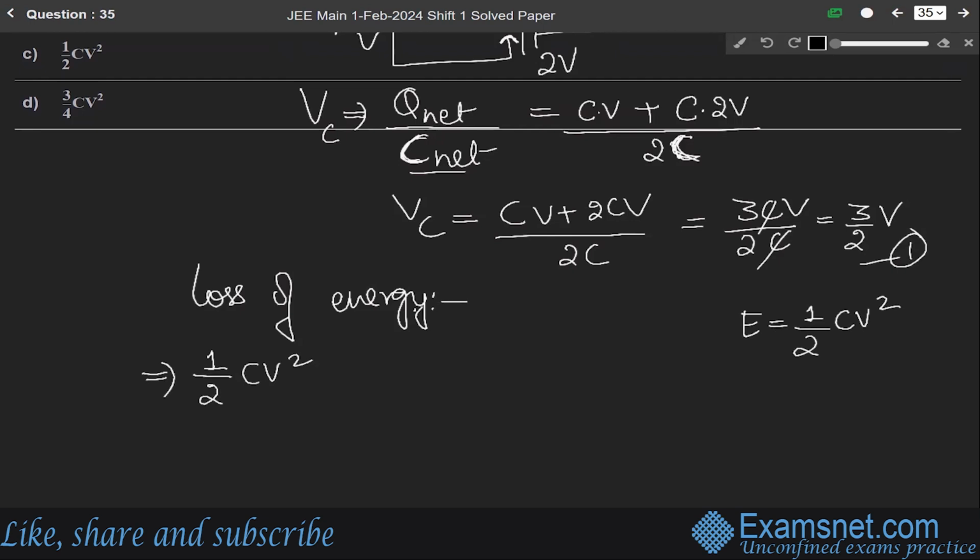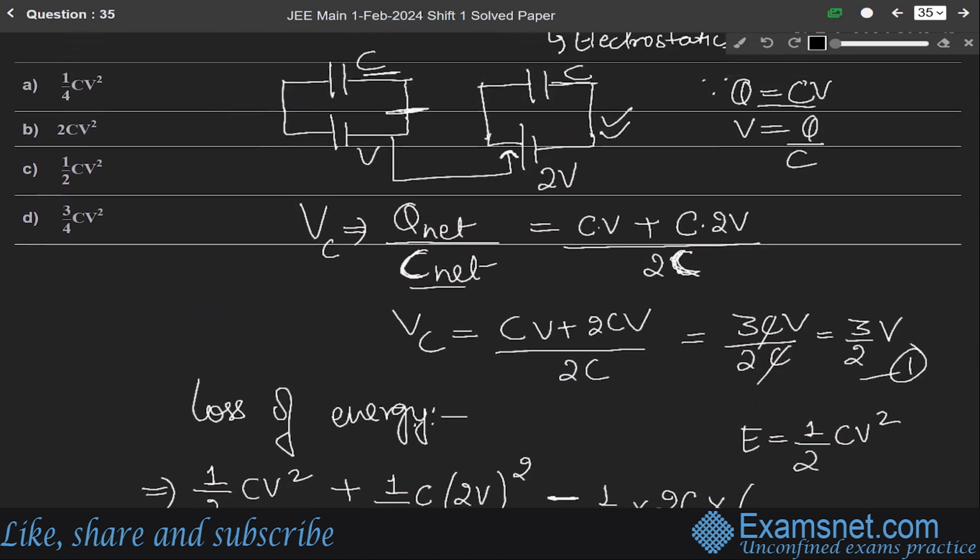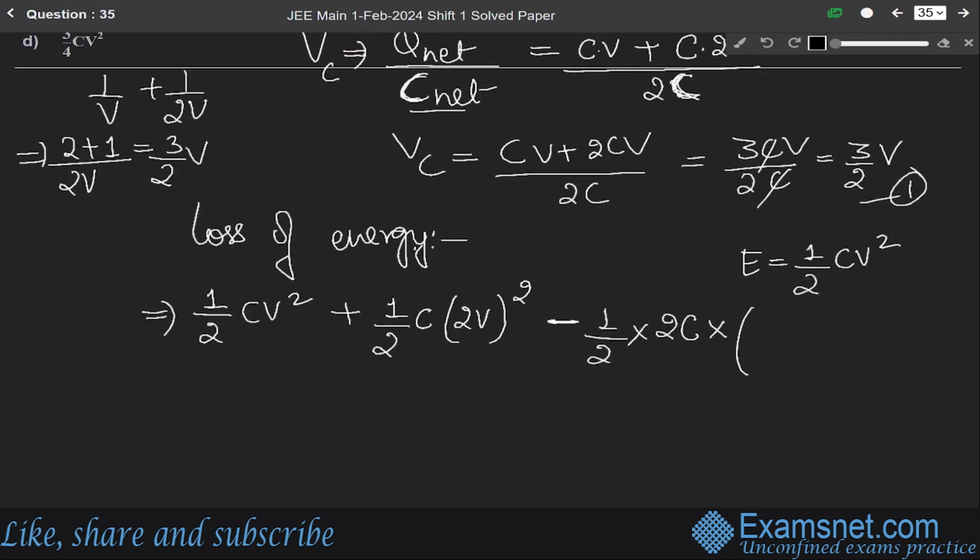For the second capacitor, it is half into C into 2V square, minus the combination of both, that is half into capacitance 2C into the common voltage, which is 3 by 2 V, whole square.